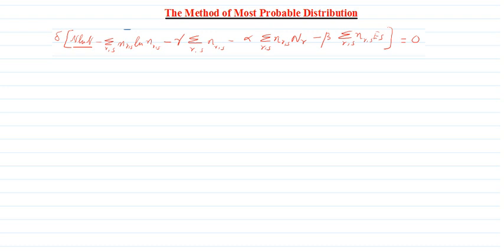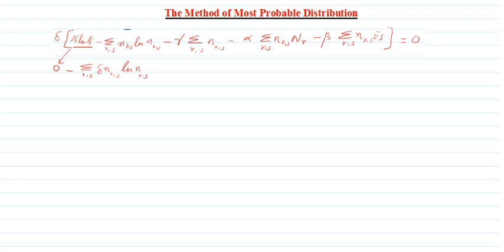Therefore the first term will give you 0, the delta of that constant term is 0, minus sum over rs. I am using the product rule for the next quantity, that is delta of nrs times log of nrs, first term u dv, like that.